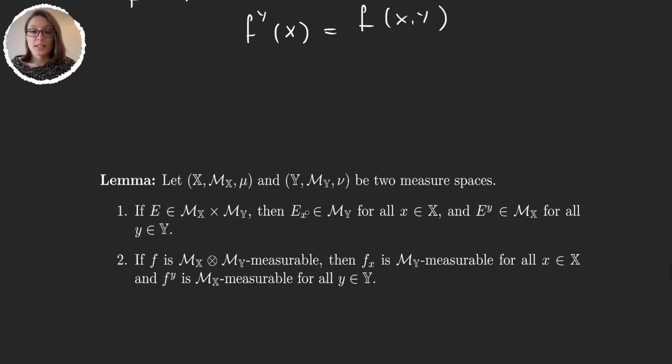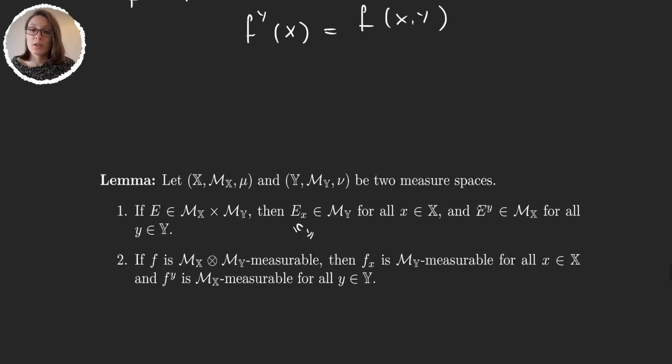Remember we said the x section was a subset of Y, and so it makes sense that it's now in the sigma algebra of Y. And this will happen for all the elements x in X. Remember, we take a point x, we fix it, and now we look at the section. Now these sections will all be in the sigma algebra of Y.